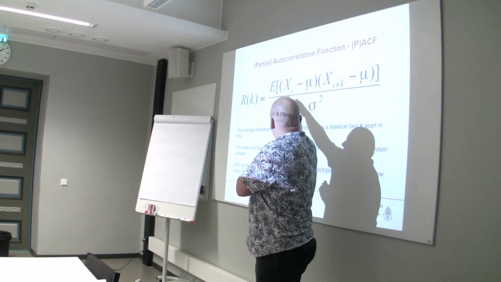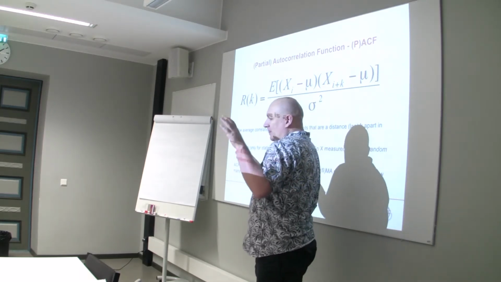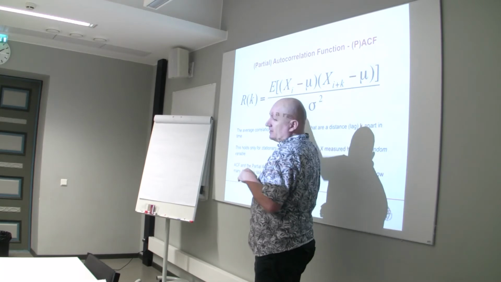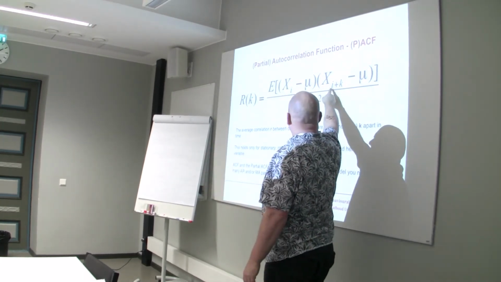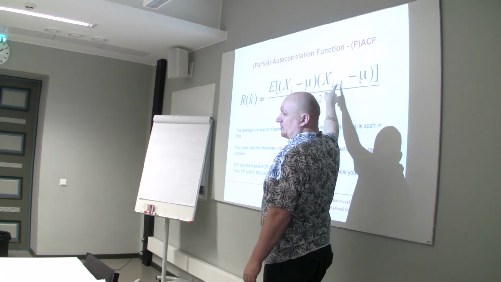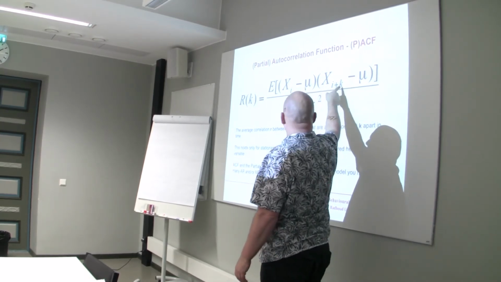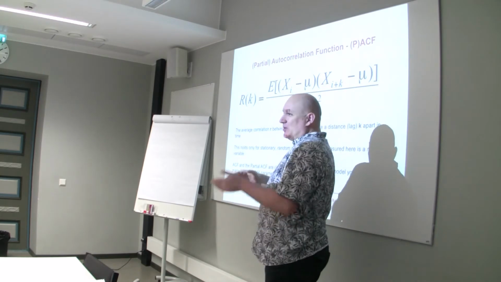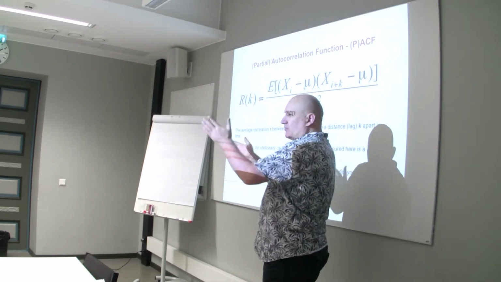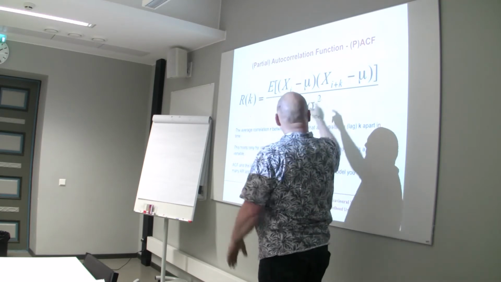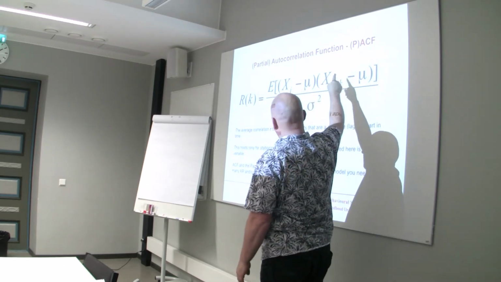So you are comparing, if i would be 1, the current point in time, with 1 plus some kind of lag, right? So if k would be 1, you would be getting the correlation of this cloud of points in the return plot of lag 1. But you can also have lag 2, lag 3, lag 4.